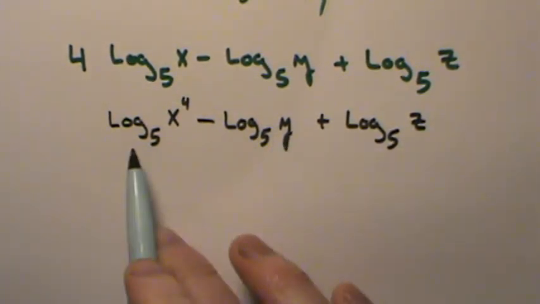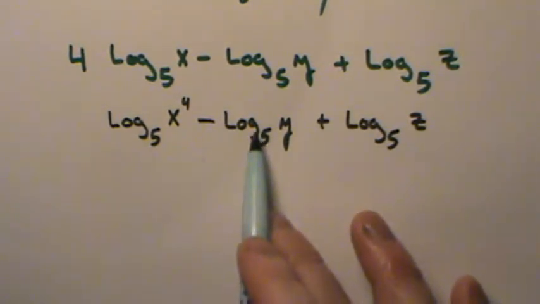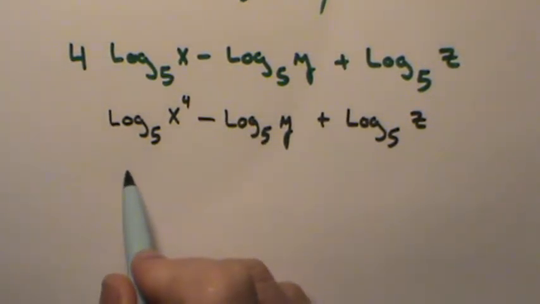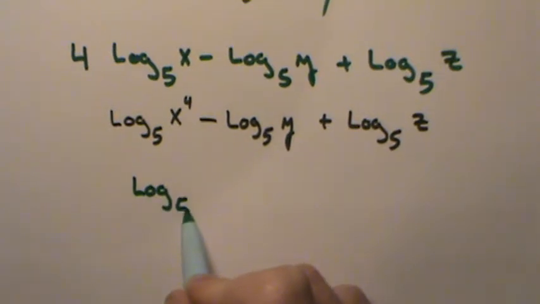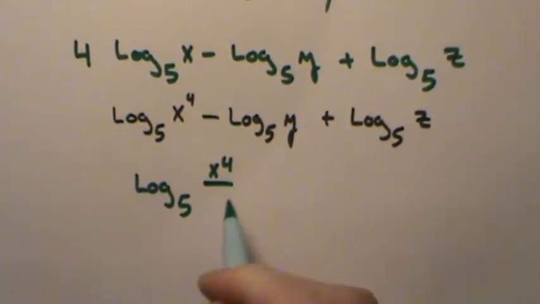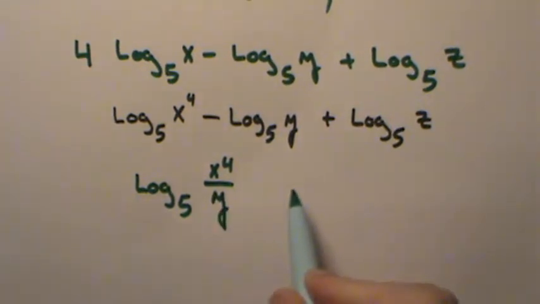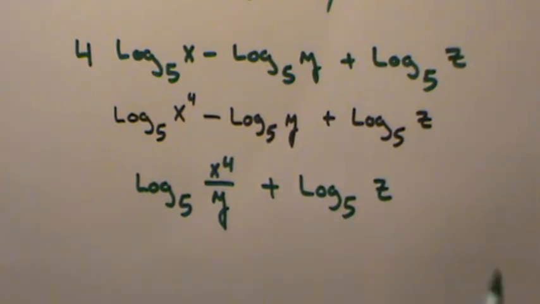The subtraction, and you do want to go from left to right, the subtraction implies that I could divide these two things. So this could become log base 5 of x to the 4th over y, plus log base 5 of z.